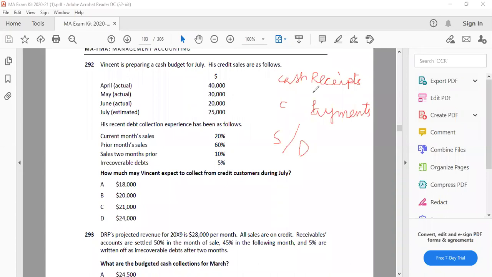So here, when we see this question, it's asked how much may Vincent expect to collect from credit customers during July. So it is not a full length cash budget question, but there is only one bit which is asked: how much would they collect from the customers? So it's only a part of the cash receipts, and we would be only looking at this one.